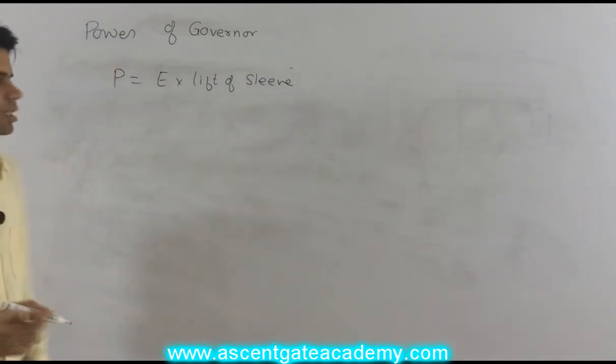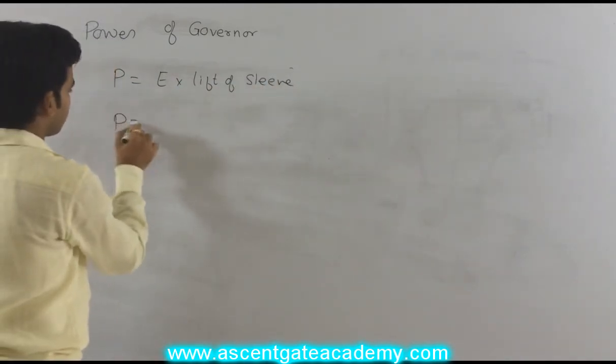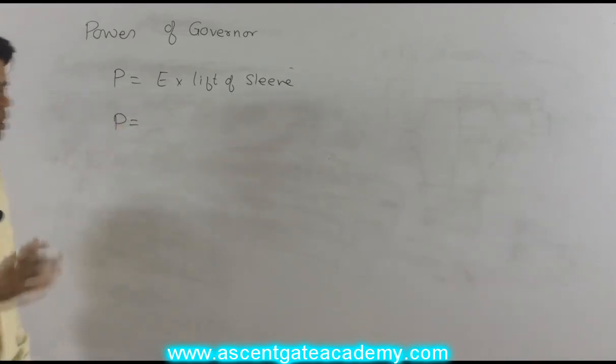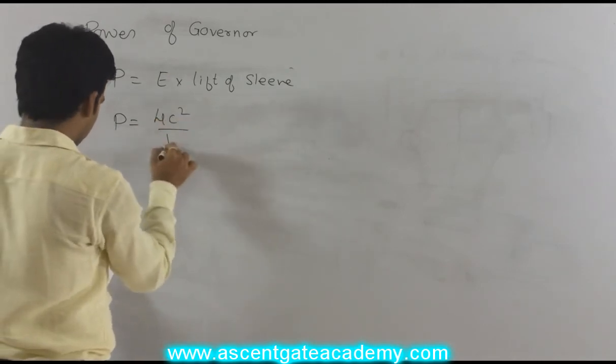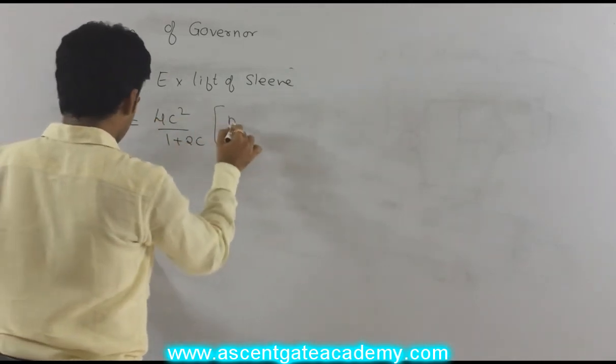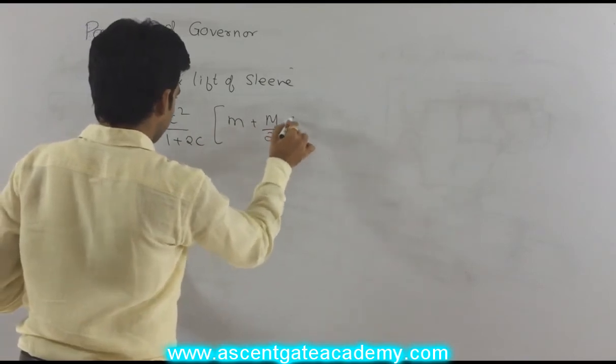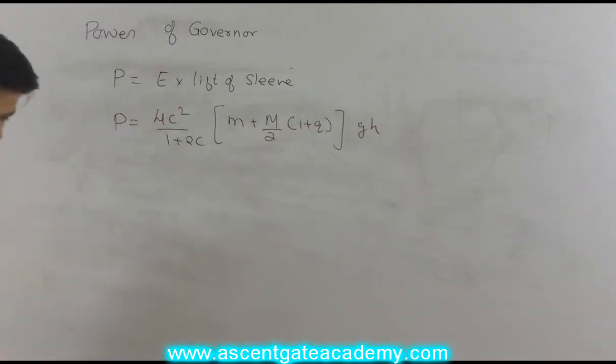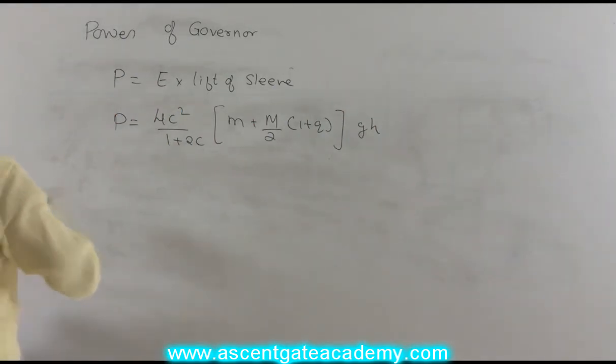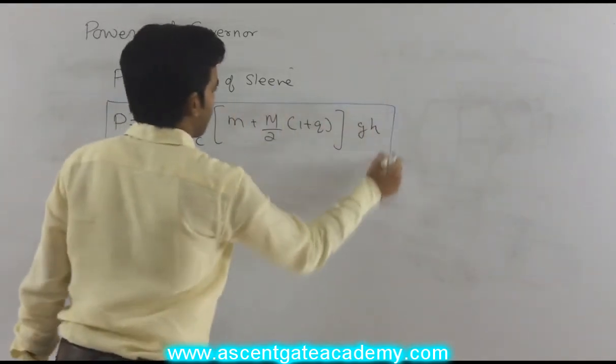From here we will get the formula. I am directly telling you the formula; if you want, you can see the proof from the book. This power will be equal to 4c square upon 1 plus 2c into m plus capital M by 2 into 1 plus q into gh. So this is the formula for power required.